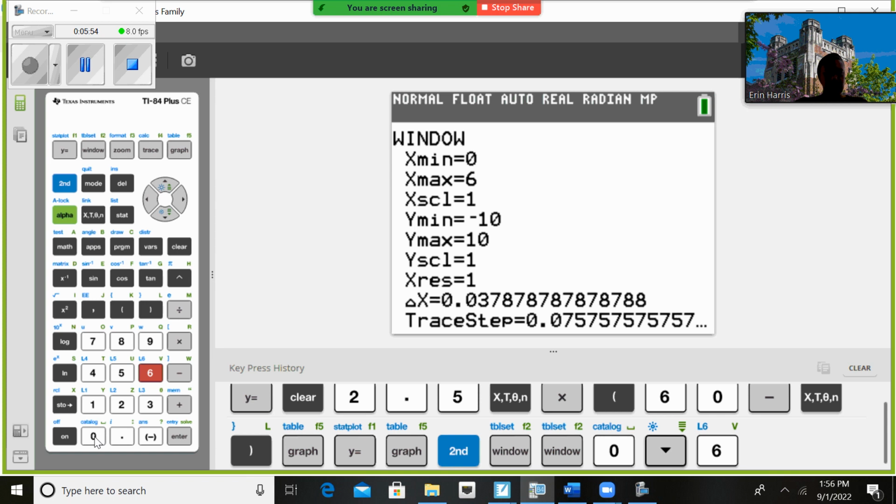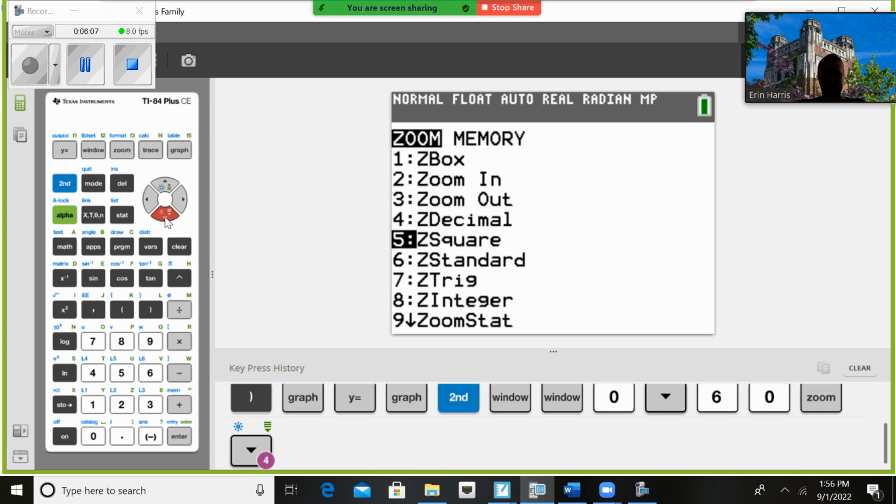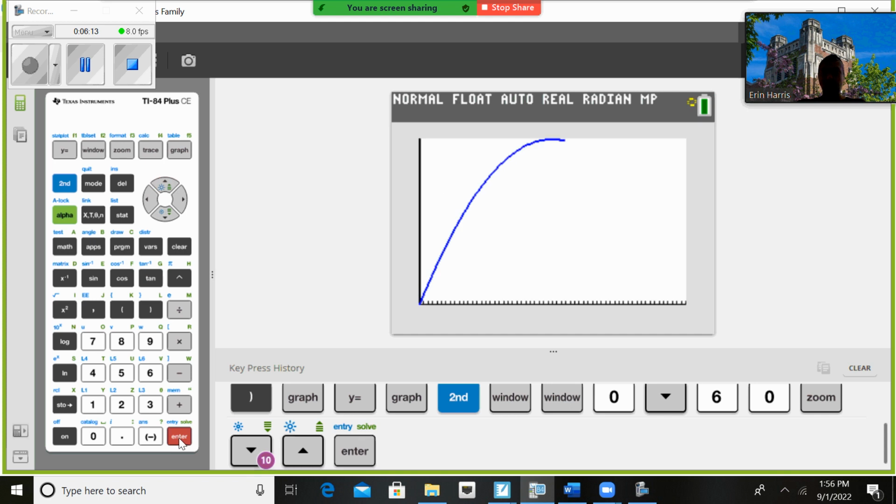And then I want to show you this wonderful feature on your calculator called Zoom Fit. If I go to Zoom Fit, which is down here, it will automatically adjust the Y value for me. All right, and then I'm asked to find the maximum.